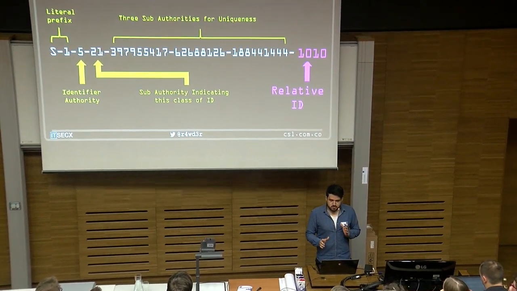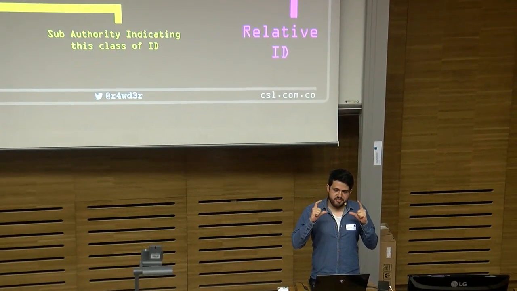As you can see, the first part in yellow is the one which differentiates the machine or domain, among others. But the last one, the relative identifier, can be the same across all machines. For example, in every Windows machine, as many of you may know, the 500 relative identifier is associated with the administrator built-in account, the 501 with the guest one, and so on.